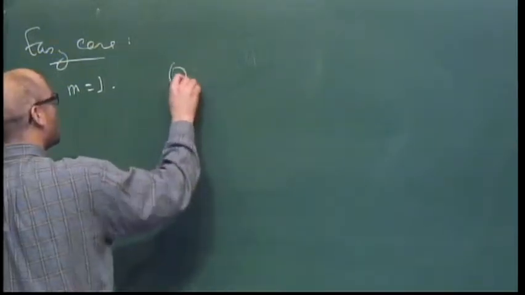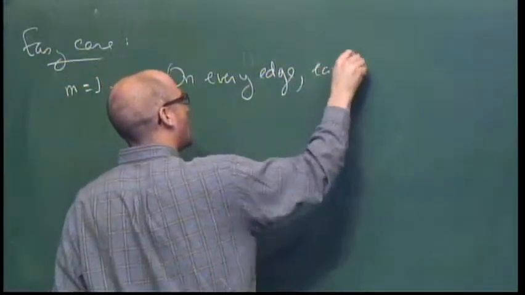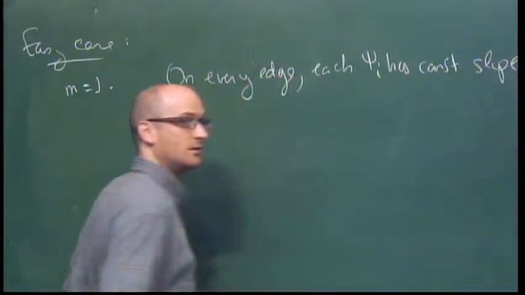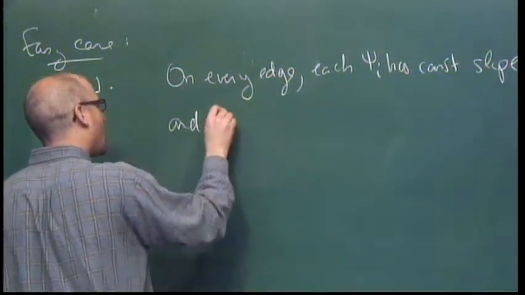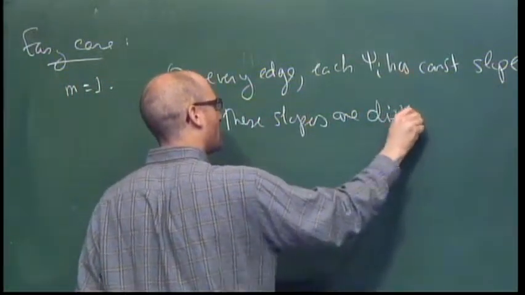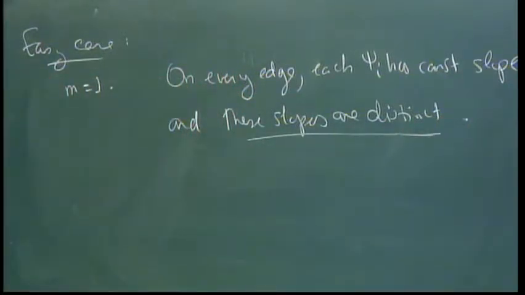And here again, you're going to see that not only is the conjecture true, but it's very, very true. So what do I mean by that? On every edge, each psi i has constant slope, and these slopes are distinct. So suppose you can add constants to each of these functions so that the minimum occurs everywhere at least twice.